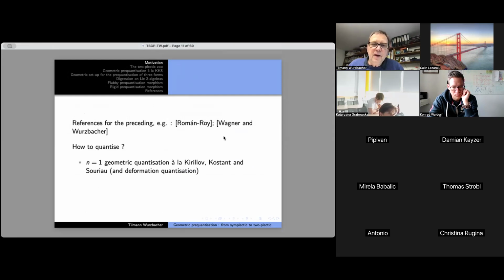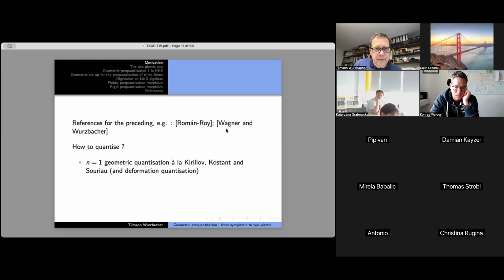But it's essentially well known since many years. So how to quantize in the case n equals 1: there is geometric quantization in the Kostant and Souriau sense, and of course deformation quantization, which in some cases are close to each other, in some cases maybe not. I will come back to this a little bit.